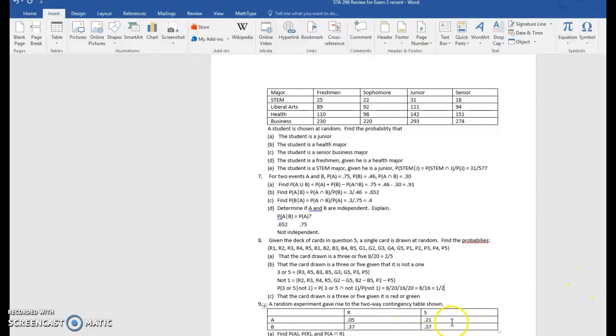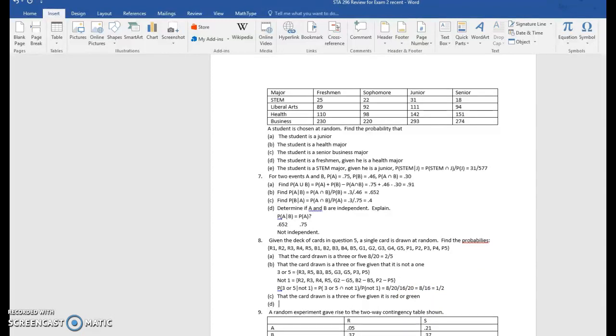All right, so now let's look at C. We want the probability that the card drawn is a 3 or a 5, given it is red or green. All right, now, again, let's look at the probability of a 3 or a 5, given red or green.